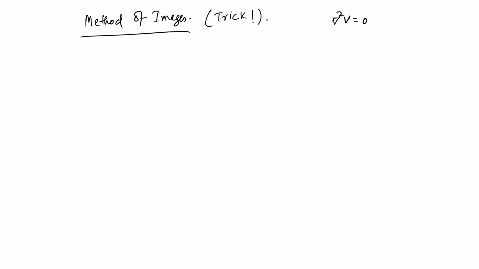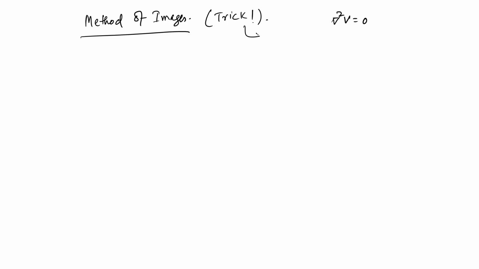Okay. So, you have found the solution. If you can find this V which satisfies the boundary conditions, then that is it. Nothing else is required, and this is called the uniqueness theorem. So, that uniqueness theorem guarantees that the trick that you may have applied is the right trick.